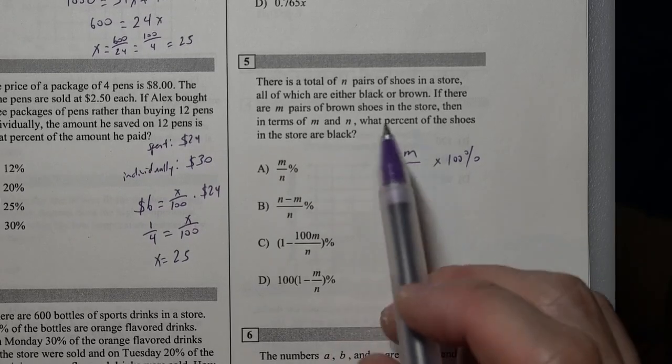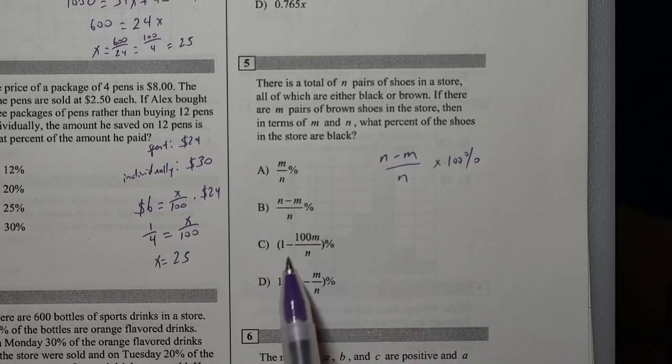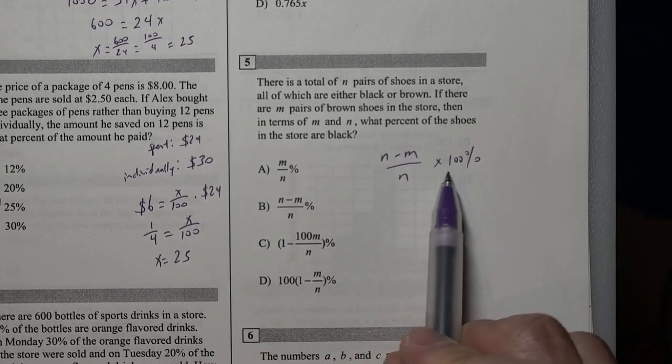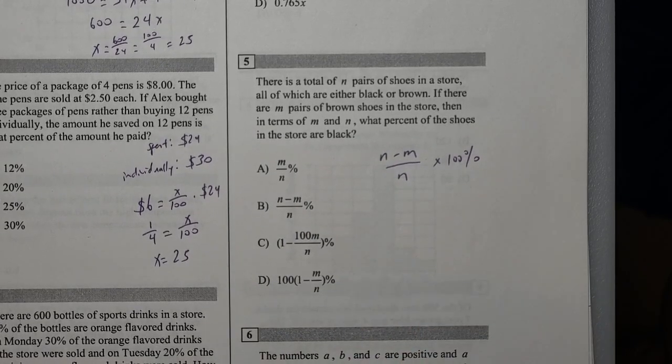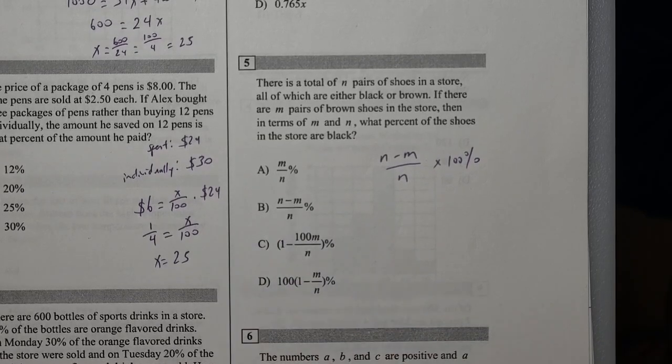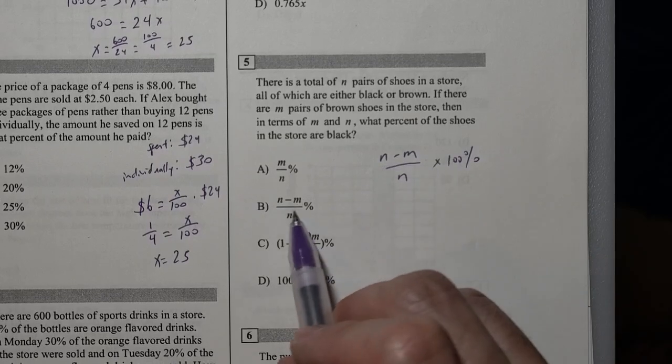So did we get a matching answer? Is it this one? It's not. Be careful, because you didn't do the times 100%. You've got to be careful there, because this would be an even smaller number. You move the decimal place 2 times to the left. So be careful not to choose that one.